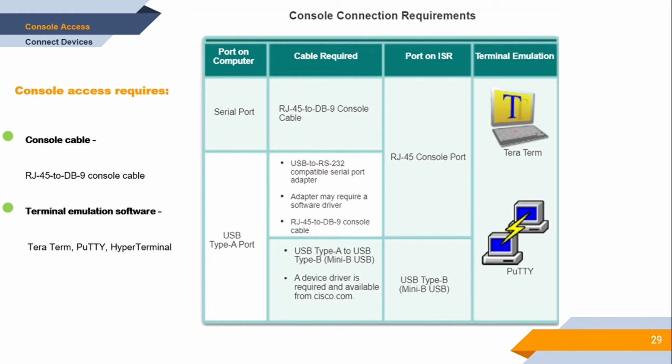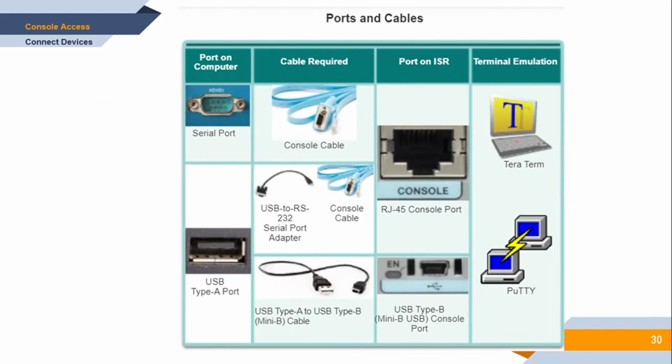Console access requires a console cable, an RJ45 to DB9 console cable, and terminal emulation software such as Tera Term, PuTTY, or HyperTerminal. The table in the figure summarizes the console connection requirements, displaying the ports and cable required.